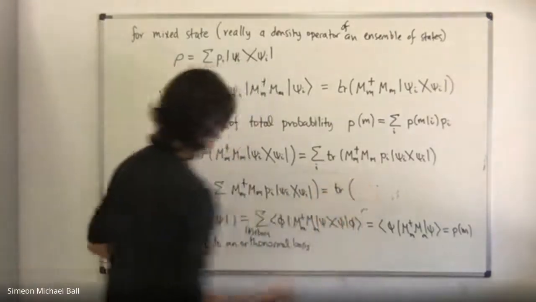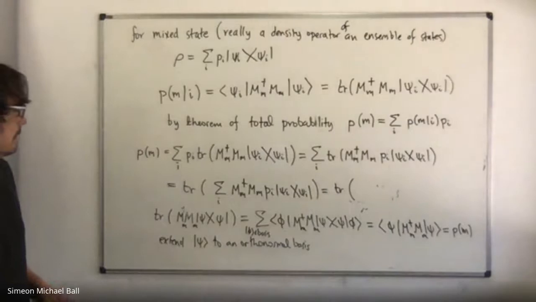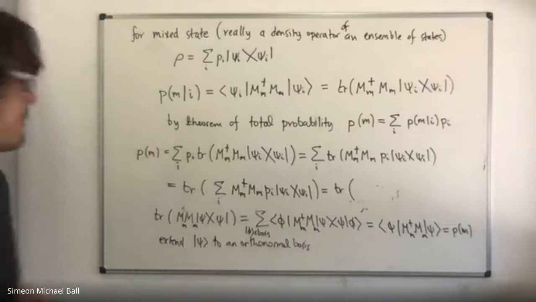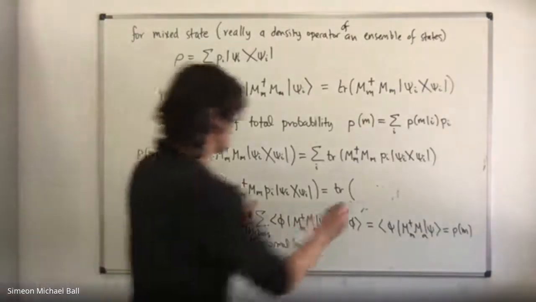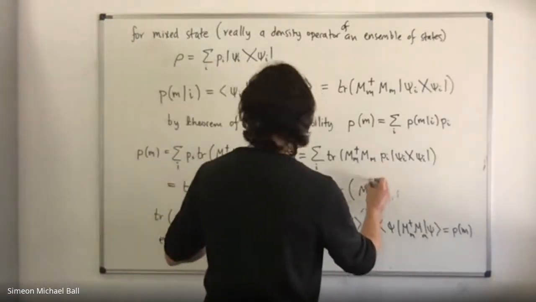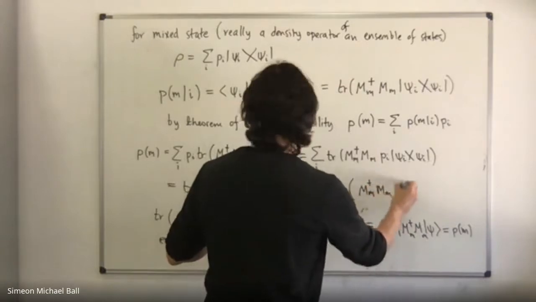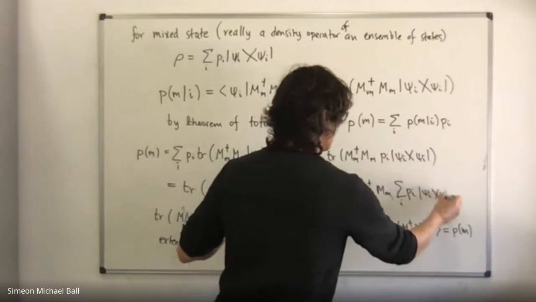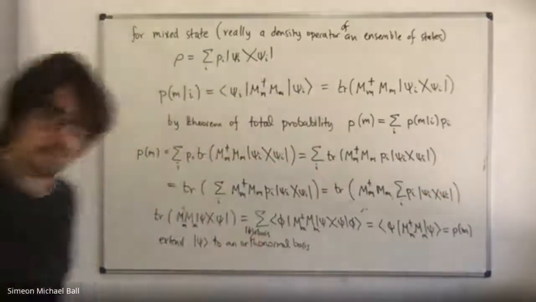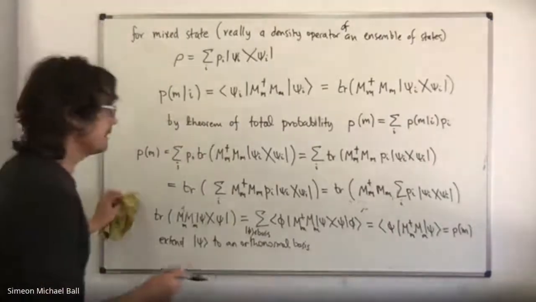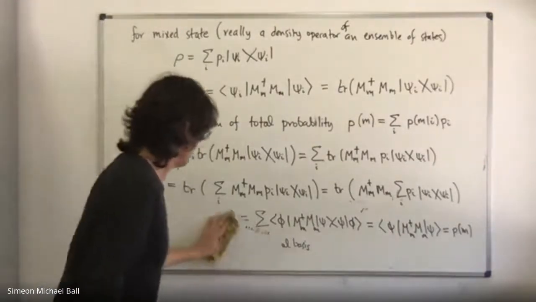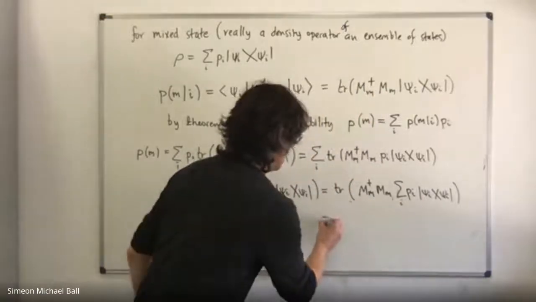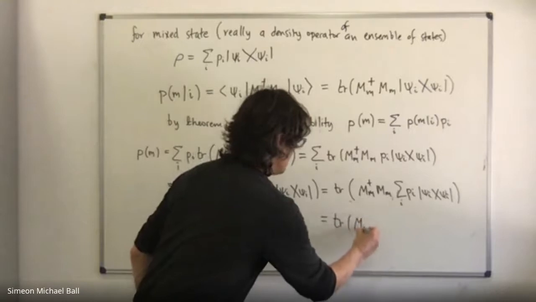Since we have distributivity for multiplication of matrices, as long as I don't change the order, I can move this sum here, and I get back my density operator. And we get exactly the same formula as we had for the pure state: the trace of M-dagger M rho.